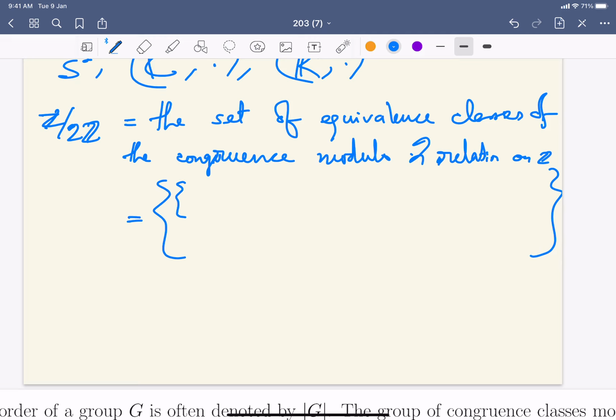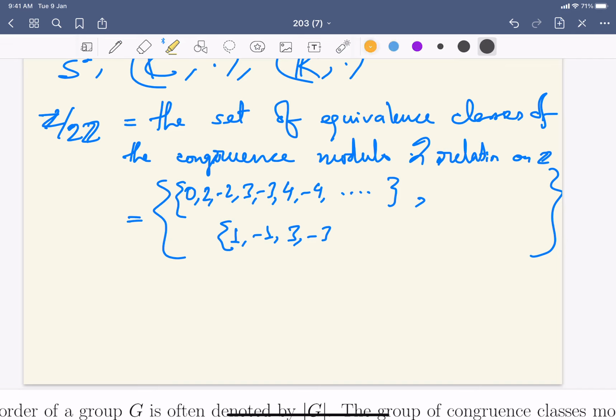As I stated earlier, I'll also explain it a bit. So I have to write 0 and then what? And then 2, minus 2, 4, minus 4, etc. That is the set of all even numbers. The other element is what? This is 1, minus 1, 3. Oh, what did I do? I wrote 3 minus 3 before.